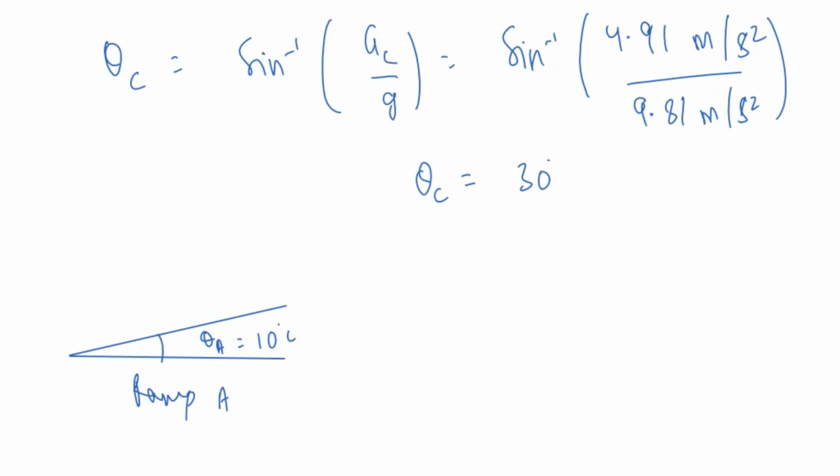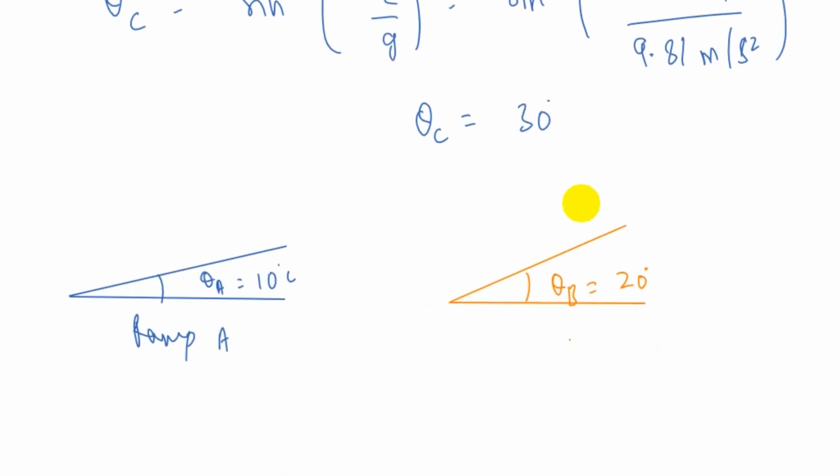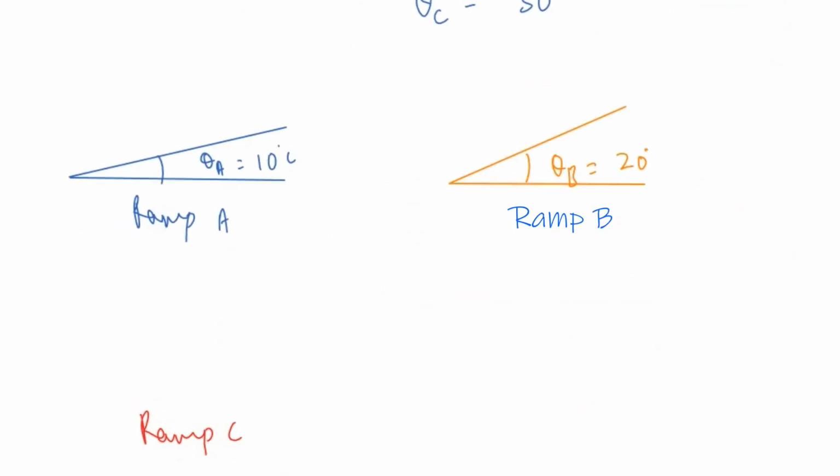Now next we can draw ramp B. This is a little bit higher, just double of this number. So theta B would be 20 degrees here. Now finally ramp C. So for ramp C, this angle theta C we have is 30 degrees.